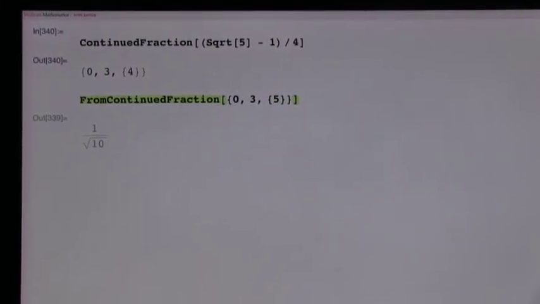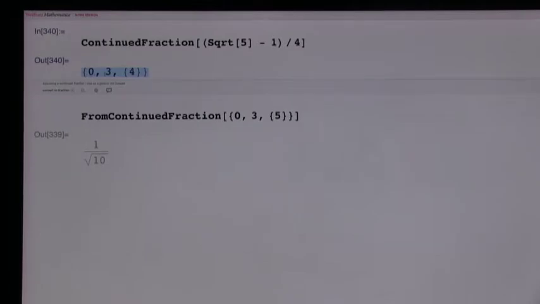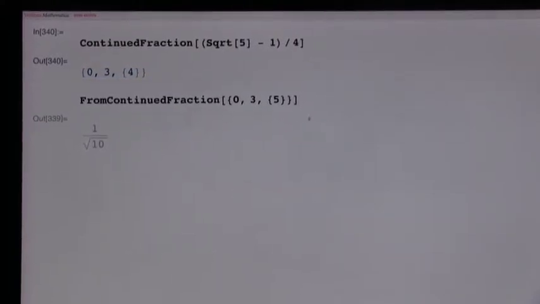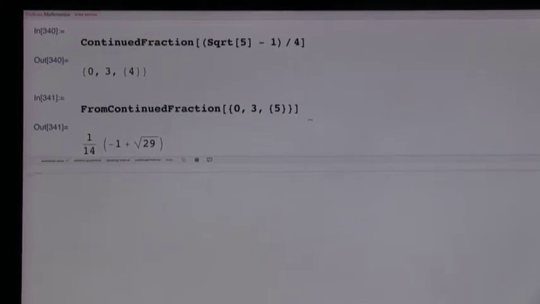Because the first one, our 72-degree angled right triangle, the large angle's cosine is 0 plus 1 over 3 plus 1 over 4 plus 1 over 4. The one we found yesterday, the 1, 3, root 10 triangle, is 0, 3, 6. So it might be interesting to see what 0, 3, 5 repeating is. It's 1/14 times in parentheses negative 1 plus square root of 29.